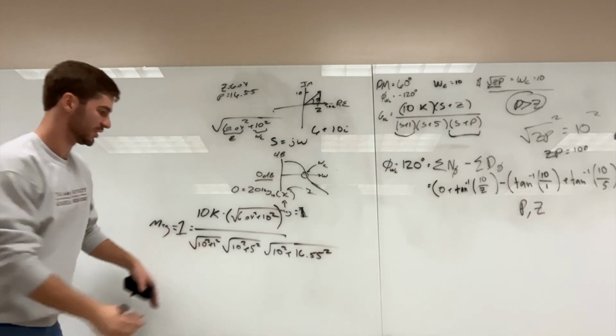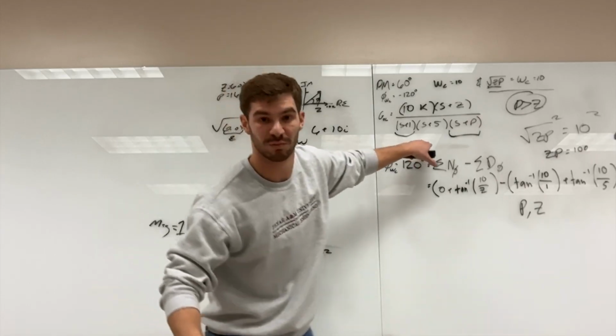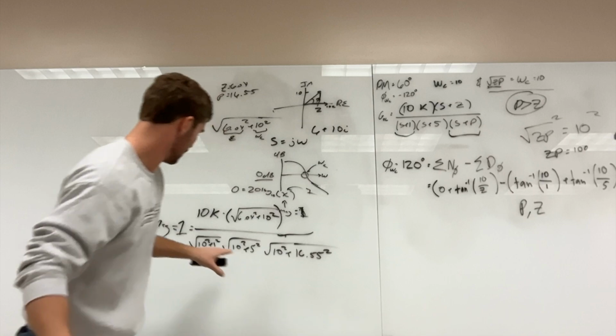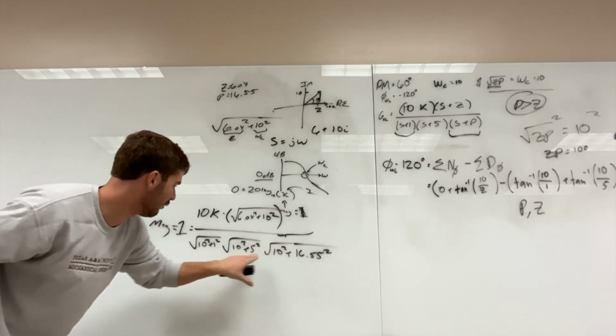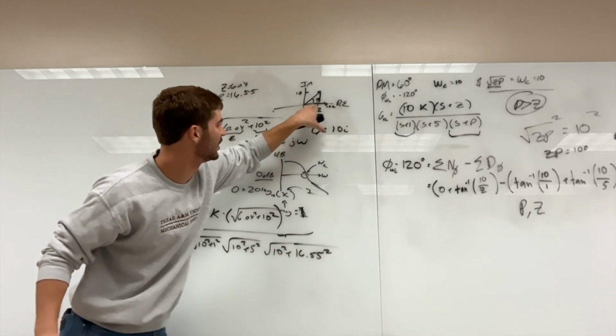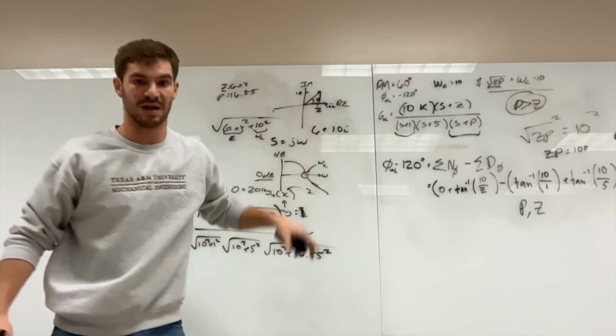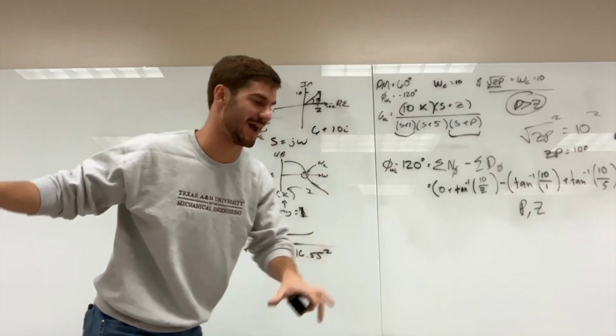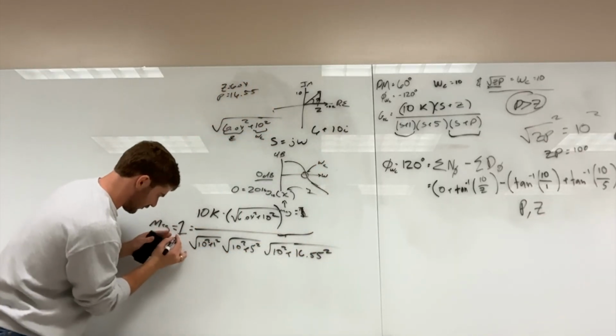Boom! I got all this from over here, right? 1, 5, and 16.55. And all of them have 10 again, because that's your imaginary axis magnitude, since that's your crossover frequency, or the frequency we're evaluating at, and it's equal to 1 at the crossover frequency.